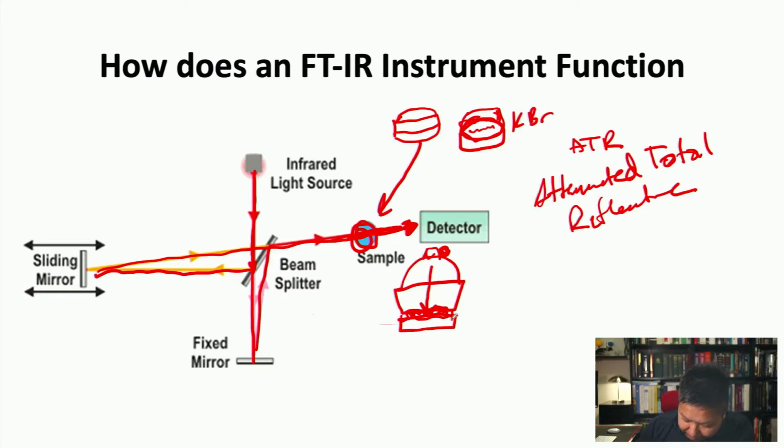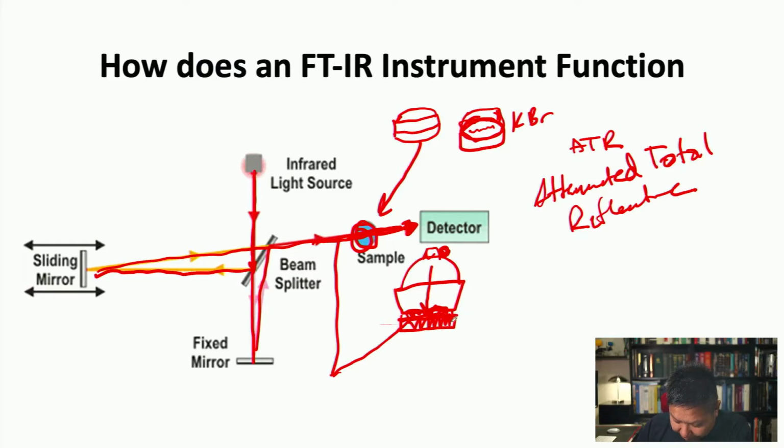And then the beam of light, right? Say this is the beam of light right here, going through all the same stuff as before, but now it goes into this crystal. The top layer of this crystal is actually in contact with the sample. So the light goes into the crystal and starts bouncing around inside the crystal. When it does that, it interacts with the sample and causes this thing called an evanescent wave.